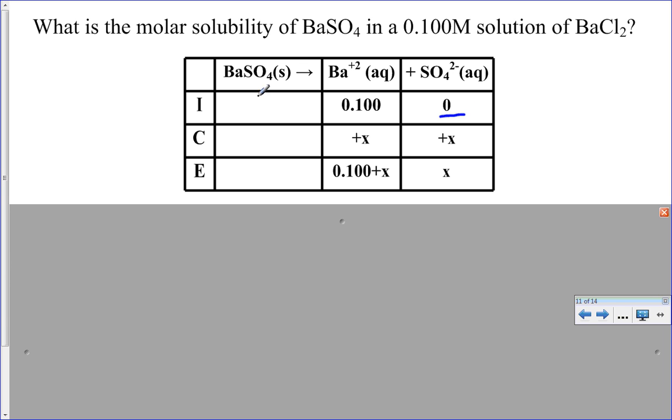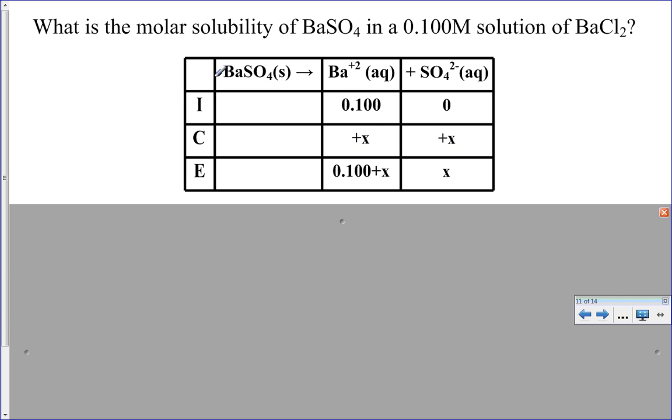Now I include the solid in the table, even though it is not going to show up in the expression, just because I'm interested in making sure I haven't made some silly mistake about how many ions I get and what the ratio is for the barium and the sulfate. You can see that barium sulfate is a 1-to-1, so they're both going to be plus X. So if you picture this, I've got a solution of barium ions, 0.1 molar.